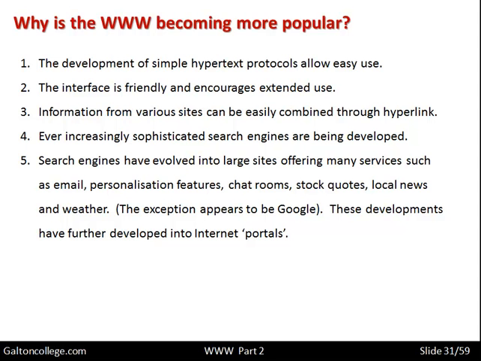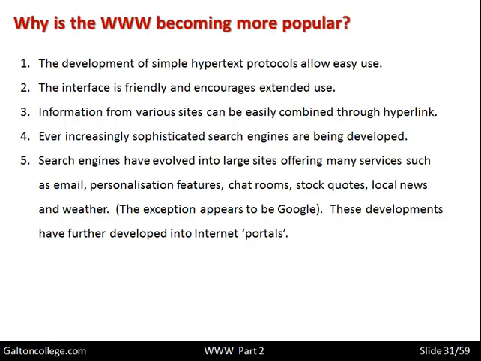So Yahoo is a good example of this. When we go to the Yahoo site, we can look up stock markets, and we can get charts from the stock markets. We can get local news, and we can personalize the site to present information in the way we want it, and we could use the Yahoo email service.